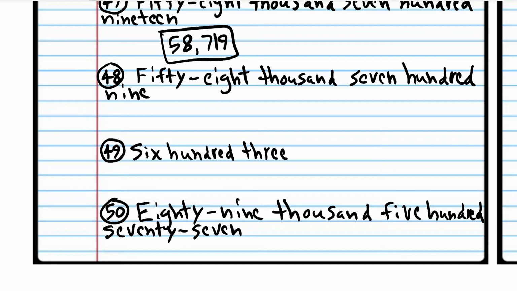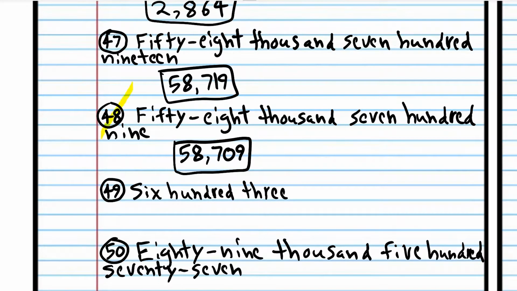All right, we're back. 58,000. 709. Now, I did that on purpose. I tried to make this problem almost exactly the same as this problem, but there's just a slight difference.